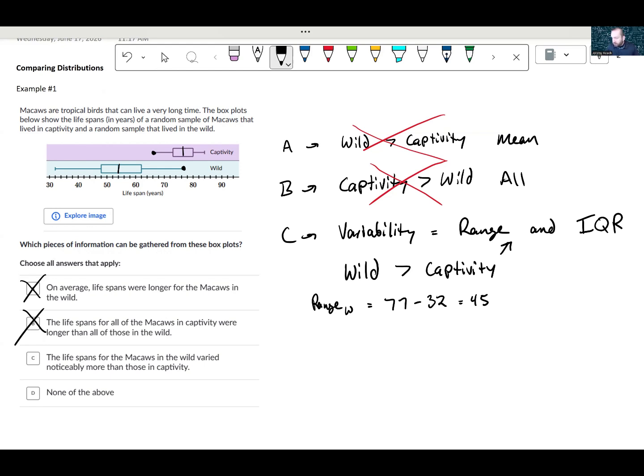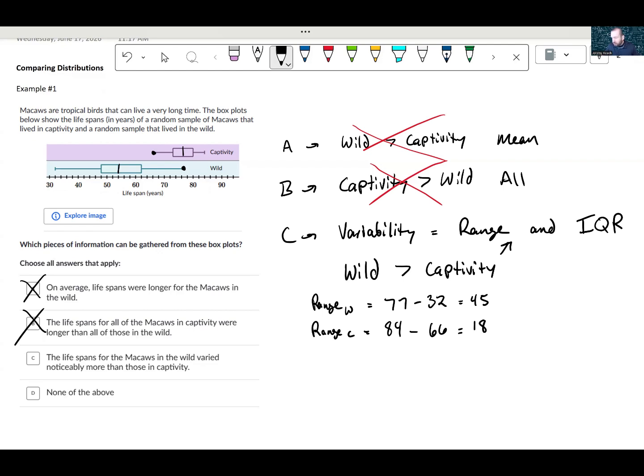And for the captivity, we're just subtracting the minimum from the maximum. So this is 66 for our lower value and 84 for our higher value. All I'm doing is subtracting the maximum minus the minimum to find the range.